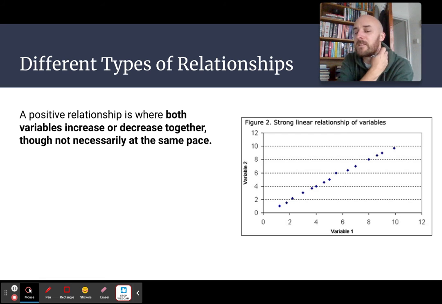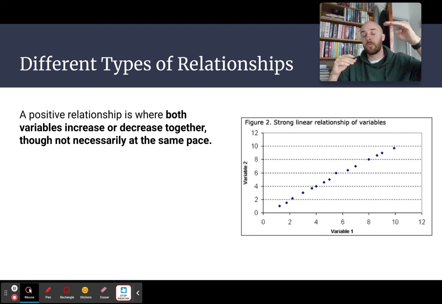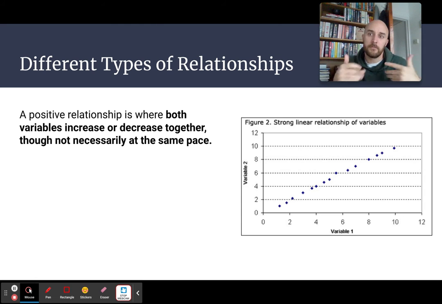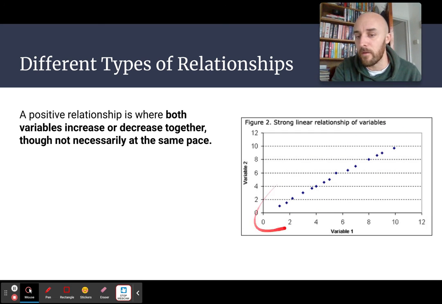So a positive relationship, remember, is one that goes in this way. Why is it positive? Because up this end it's higher, up this end it's higher. Generally speaking, when one variable goes up, the other one goes up. If one variable goes down, the other one goes down, it would still end up with a graph like this.